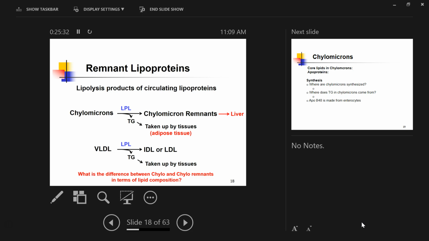So you have less triglyceride in the chylomicron remnant, right? Compared to the chylomicron, because it has already been released and transferred to the adipose tissue, right? Does that make sense? Okay.